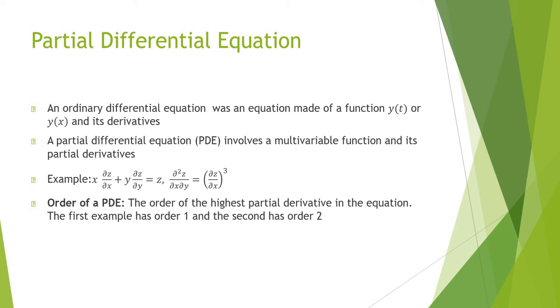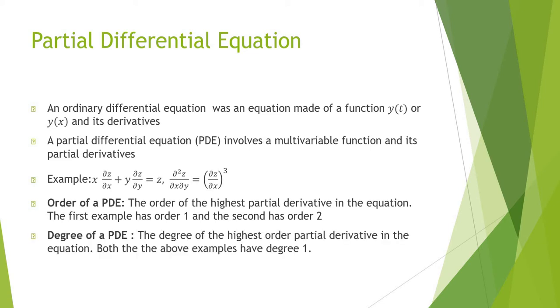The second example has a partial derivative of second order, so this PDE has order 2. The degree of a PDE is the degree of the highest order partial derivative in the equation. In both of the above examples, the highest order partial derivatives have degree 1. So, both the PDEs have degree equal to 1.